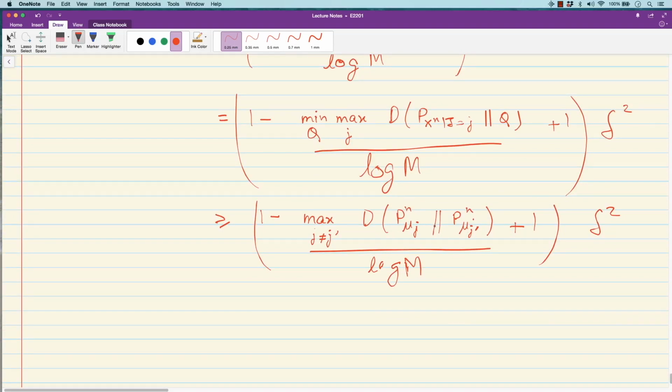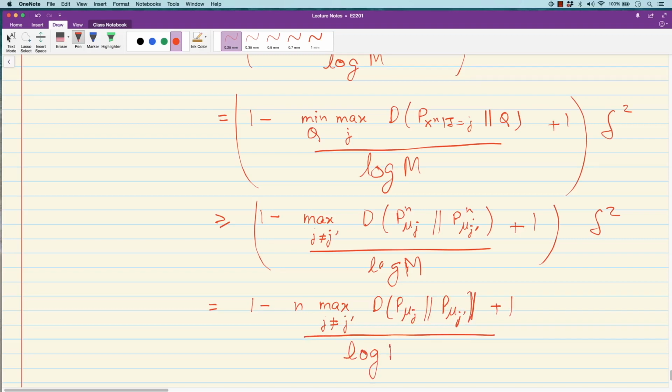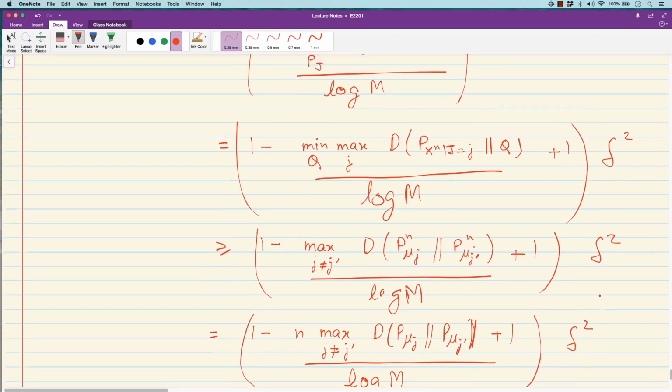Now this term here is 1 minus n times, because divergence is additive for independent distributions, max over j not equal to j prime of the divergence between P mu j and P mu j prime, plus 1 by log m, times delta square.